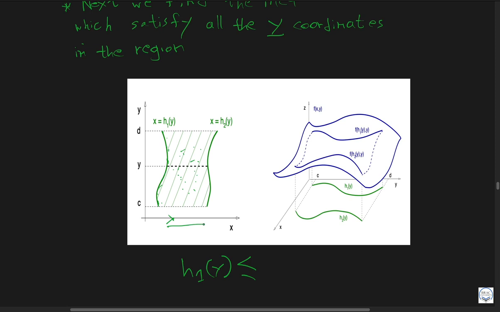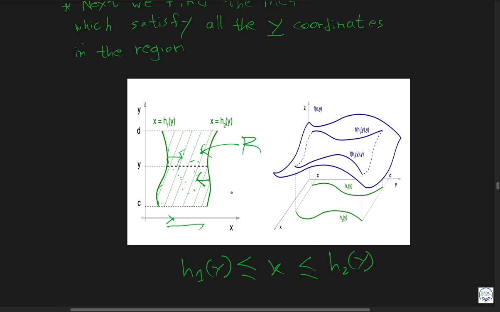The curve is h sub 1 of y. So since the x coordinates are greater than or equal to this, and we all know that x increases as we move towards the right, the x coordinates within this region R are either greater than or equal to, which means lying on this particular curve.